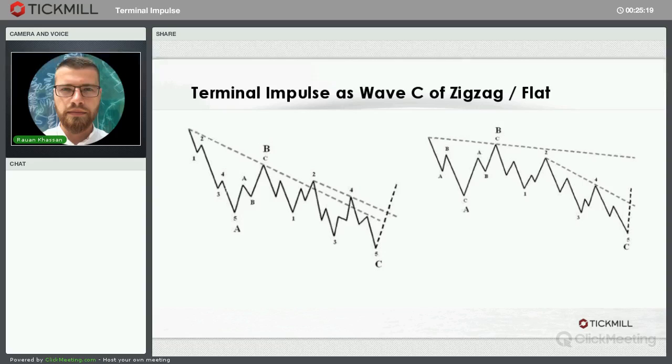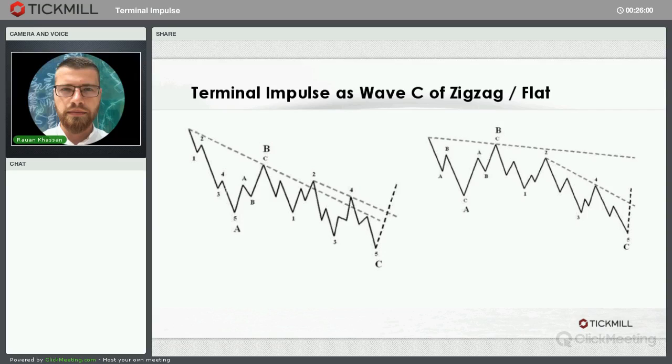Once you see that the signal line is crossed, you have the initial assumption that the given correction structure, zigzag or flat, is being completed. Then you see that the price continues to develop in the correction direction in this case, even after this line is crossed. It brings you to the understanding that you may expect the making up of further parts of terminal impulse.